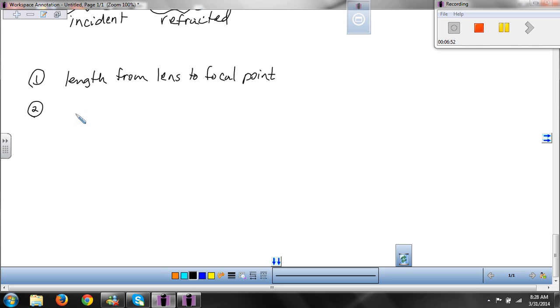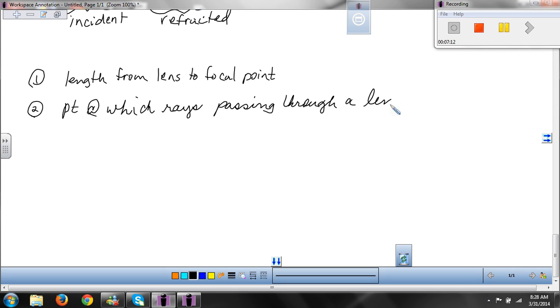Two says focal point, and that's the point at which rays passing through the lens parallel to the principal axis must intersect.